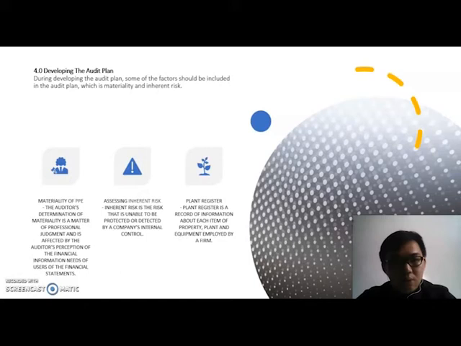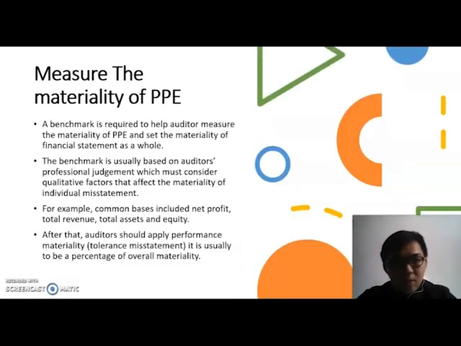So we go to the materiality of PPE. How do we measure the materiality of PPE? Before we measure the materiality of PPE, a benchmark is required to help the auditor measure the materiality of PPE and set the materiality of the financial statements as a whole.